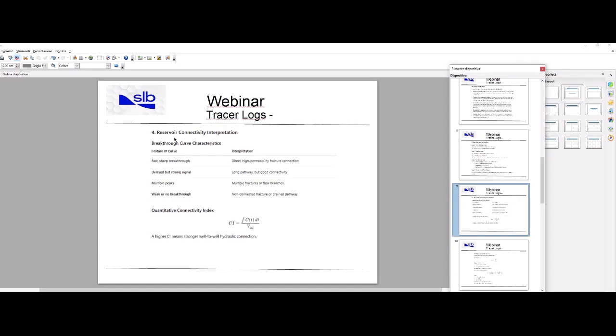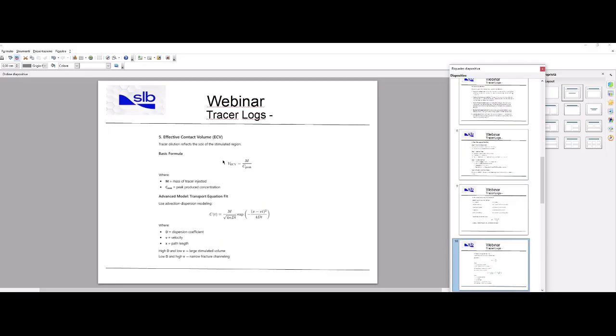We can use the quantitative connectivity index, called CI. In this case, it represents how many fractures are connected between the activity steam reservoir.